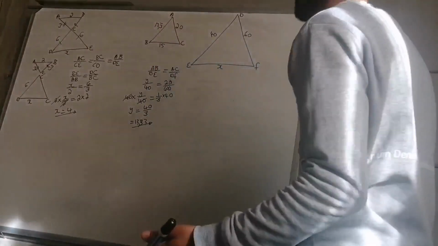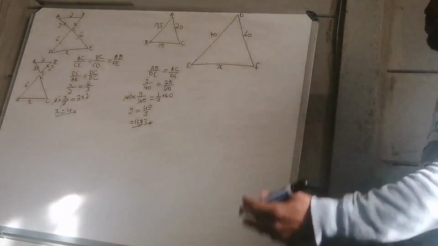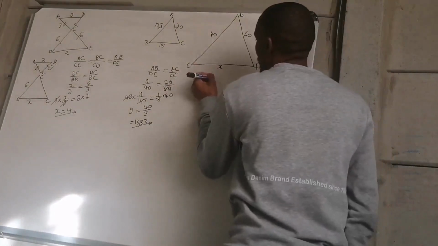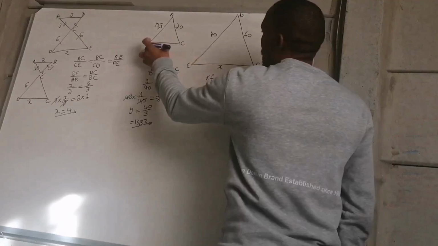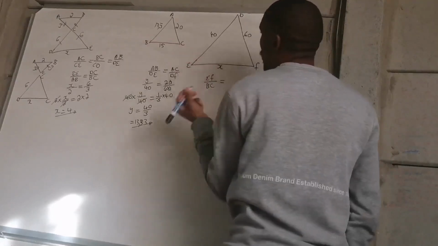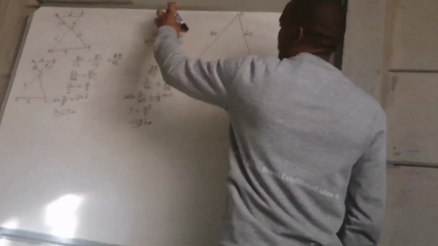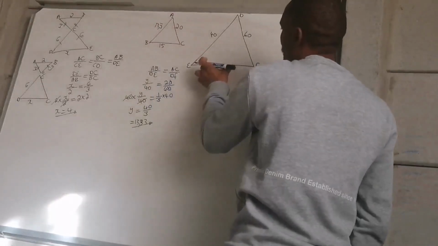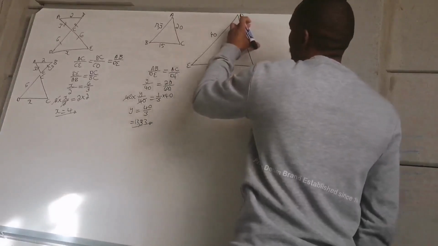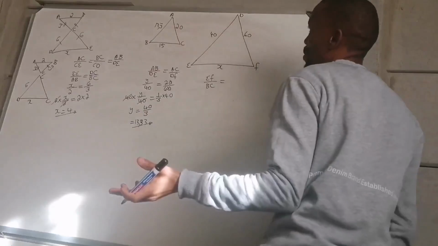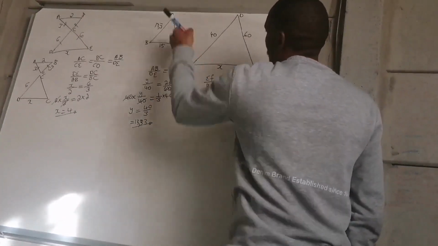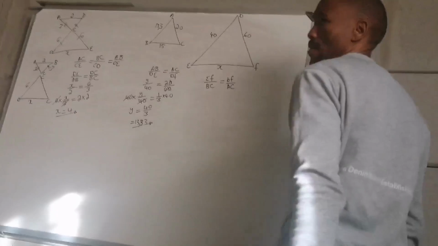We can now find the value of X. Remember X is the side EF, which is similar to that side BC. EF divided by BC equals DF divided by AC.